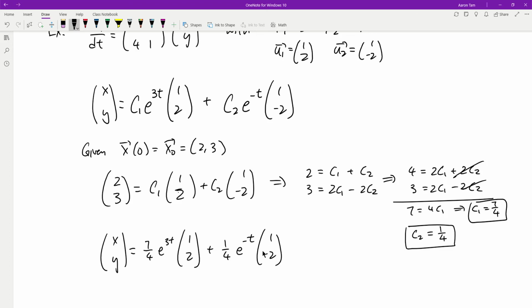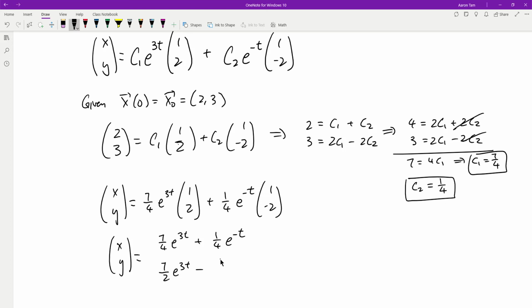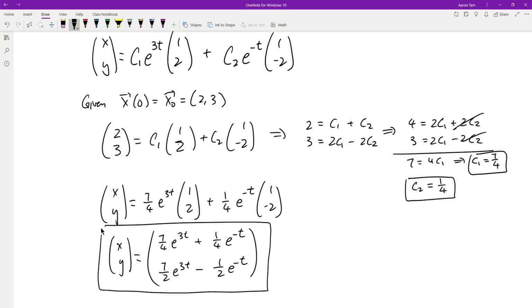To properly write this out, x(t) is equal to 7 over 4 e to 3t plus 1/4 e to -t, and then 7 over 2 e to 3t minus 1/2 e to -t. So that's my solution with the initial condition.